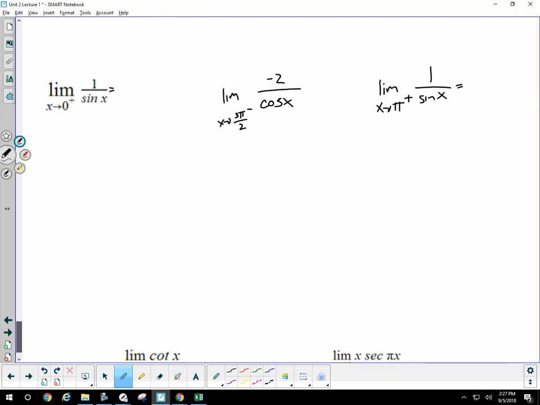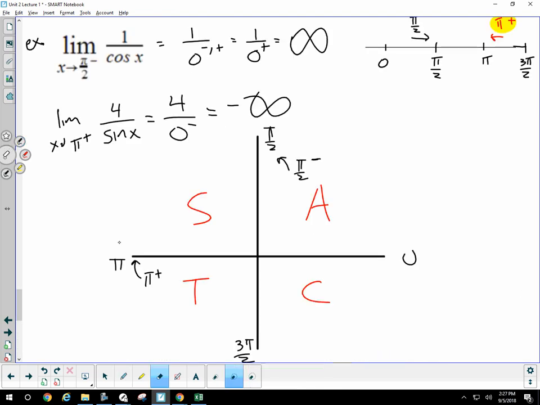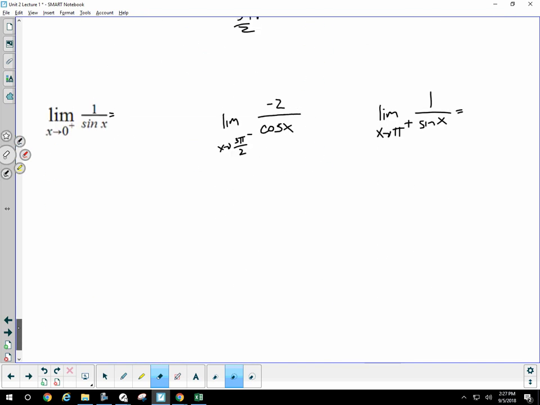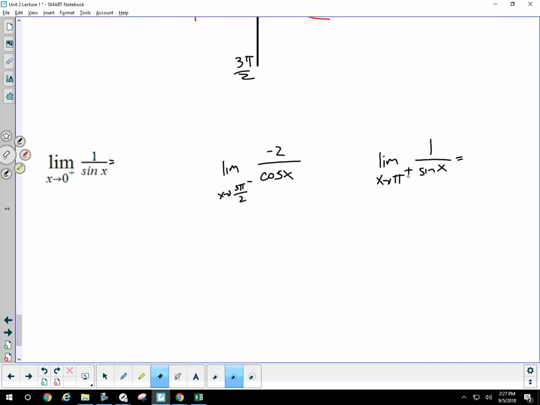Turn the 3rd one into pi from the left, because we already did pi from the right. We got 0 from the right, 3 pi over 2 from the left, pi from the left.